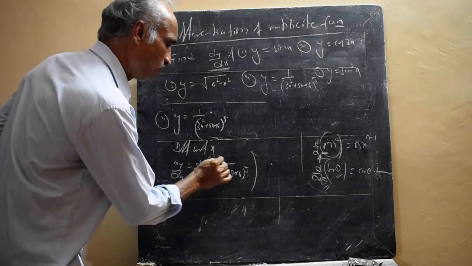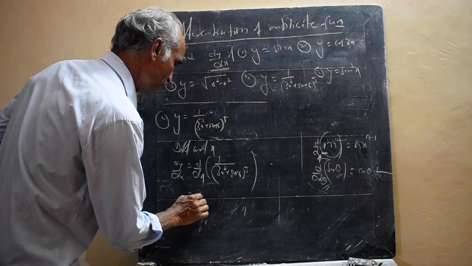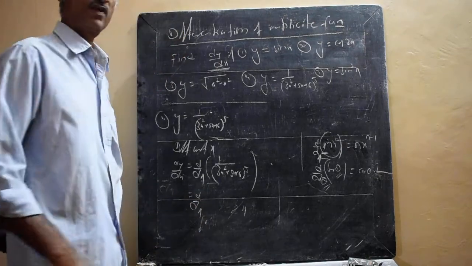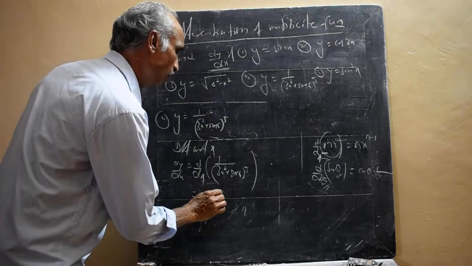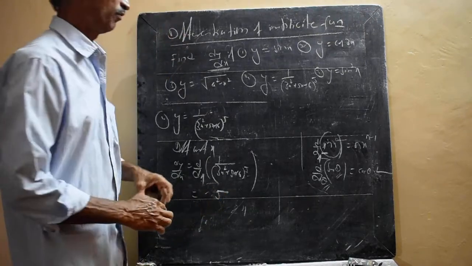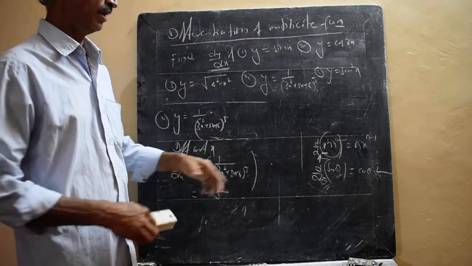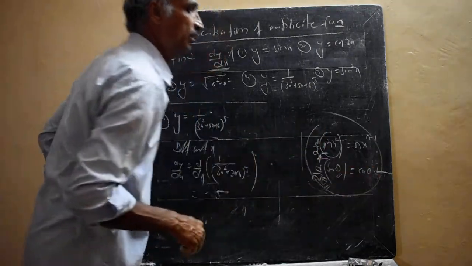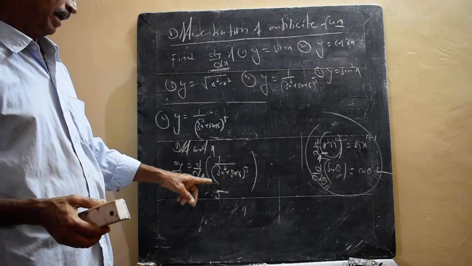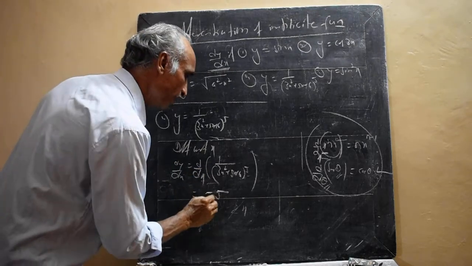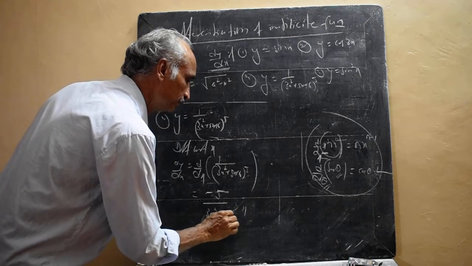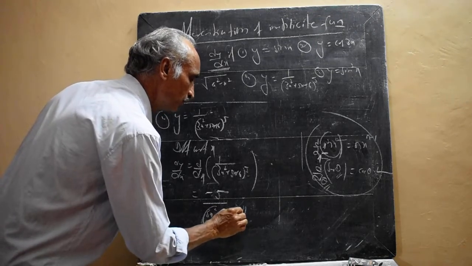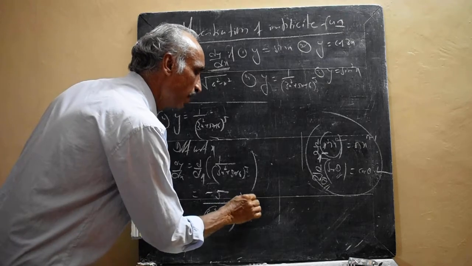Now, it is the differentiation of 1 upon f of x raised to n. What is the differentiation of 1 upon f of x raised to n? It is minus n upon f of x raised to n plus 1, into d by dx of f of x.